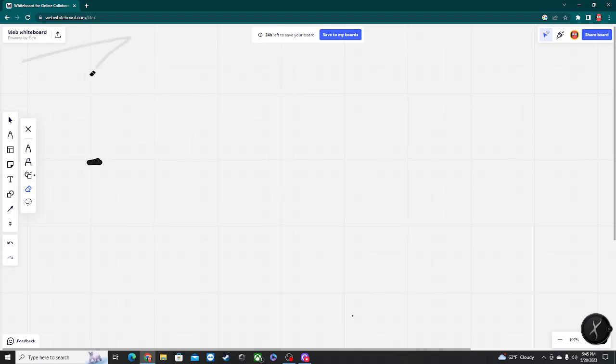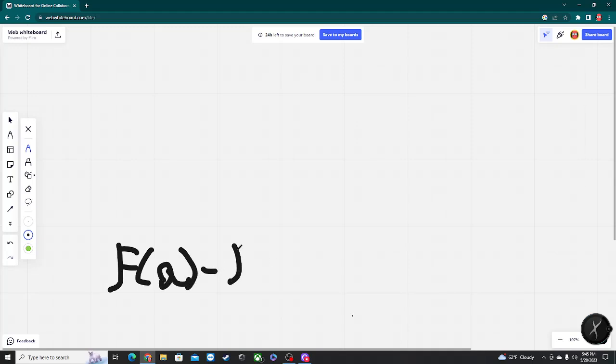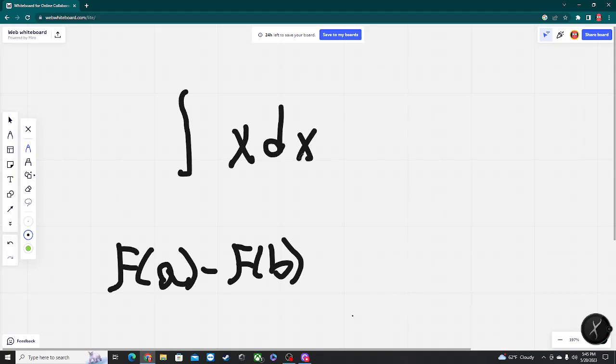The one thing that I'm going to write one more time is just our capital F of a minus capital F of b. So I'll just explain this really quickly. If we have the antiderivative of f of x, it's just capital F of x.